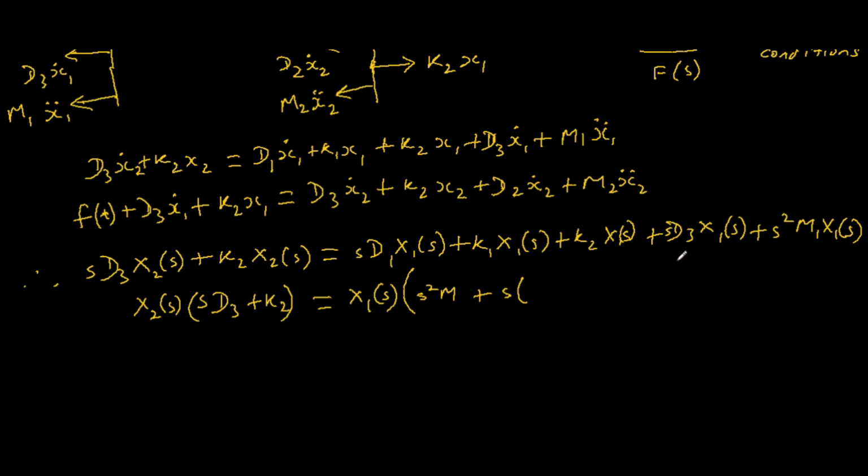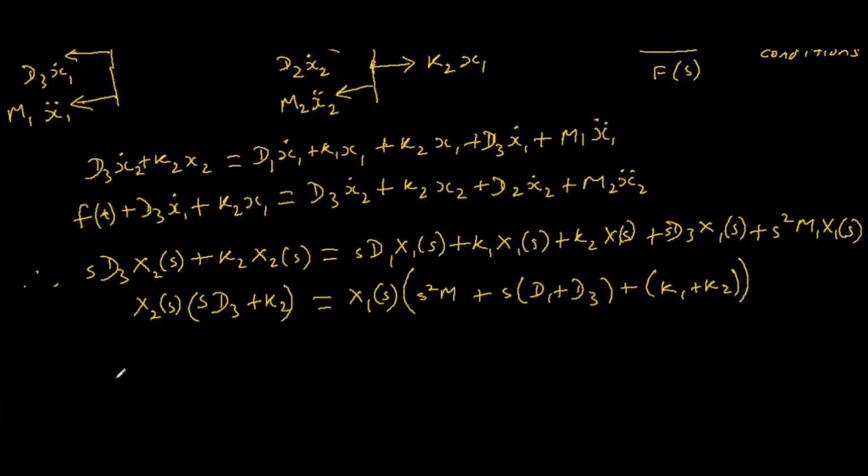What else? We had d3, d1 plus d3. So you have d1 plus d3 plus the constant terms, those that don't have an s or an s to the power 0, you have k1 plus k2. Okay, so this is our first equation.